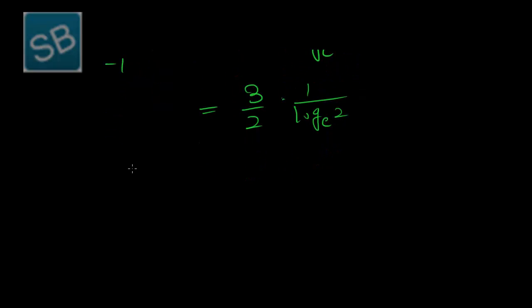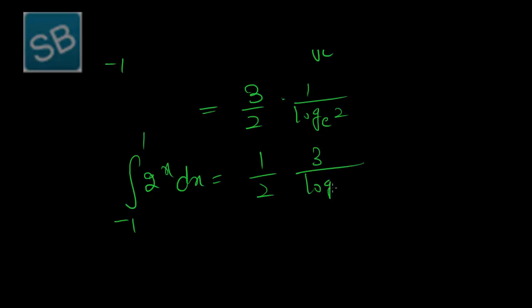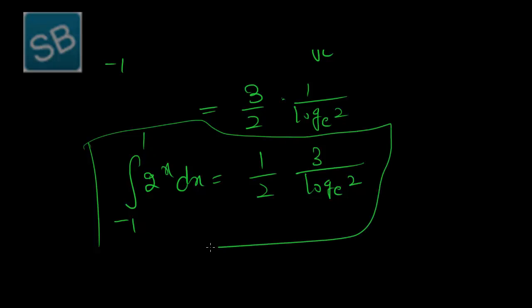So this is the value of the limit as a sum for integral minus 1 to 1, 2 raised to power x dx is equal to half 3 over log e 2. That is the required answer to find the definite integral of 2 raised to power x dx in between the limit minus 1 to 1.